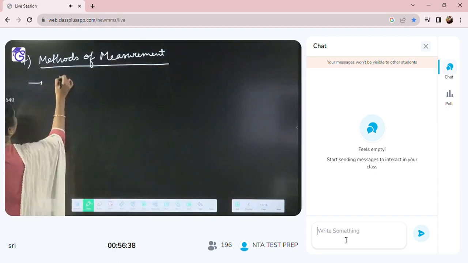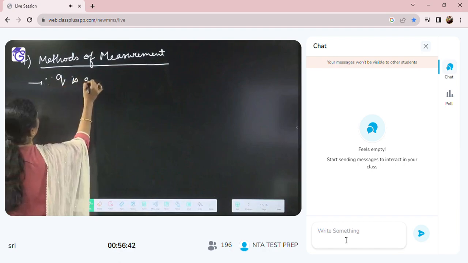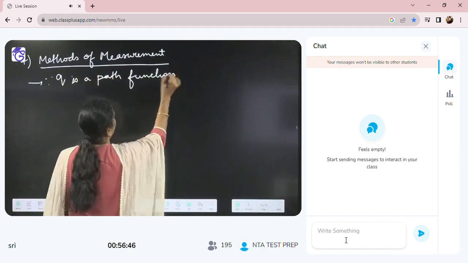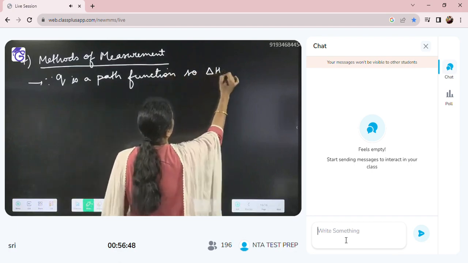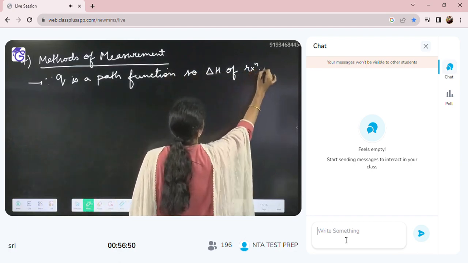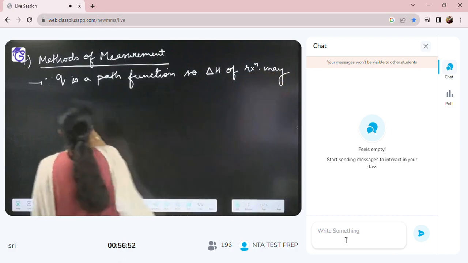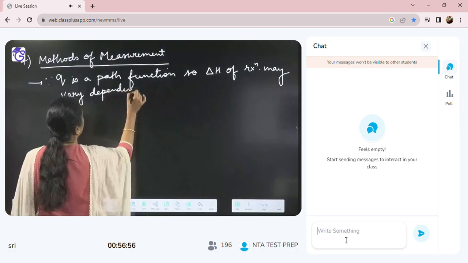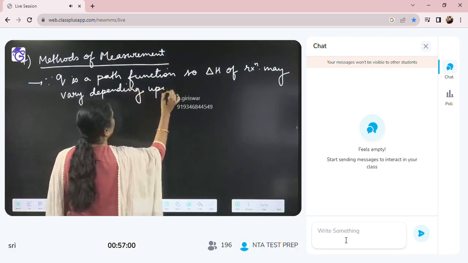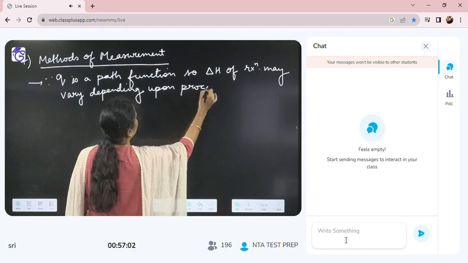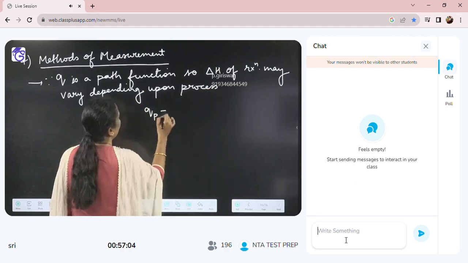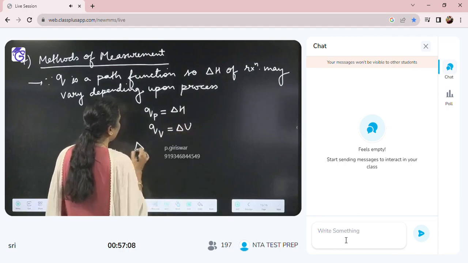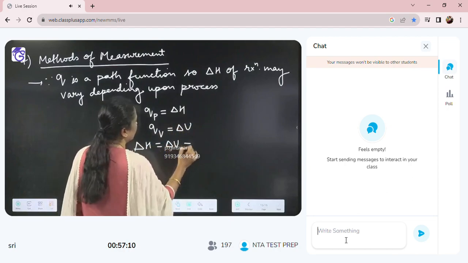So I'm writing, since heat is a path function, delta H of reaction may vary depending upon process. I'm writing some general formulas here which you already know. QP is delta H, QV is delta U. A general formula we know: delta H is equal to delta U plus delta PV.